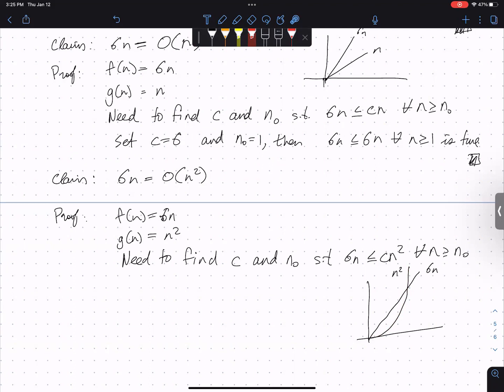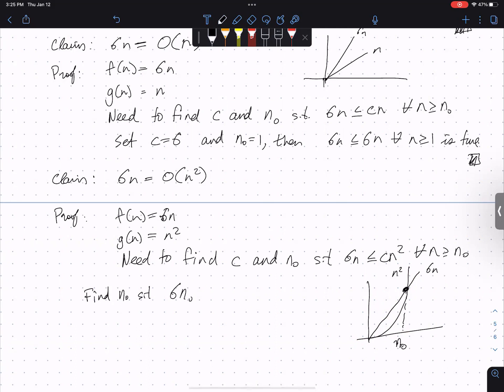And this is what I meant, that in this initial portion, we're allowed to not care about whatever happens here. We just want, after a certain point, that n squared is bigger than 6n. All we have to do is find this point, and we'll make it n naught. So find n naught such that those two things are equal to each other.